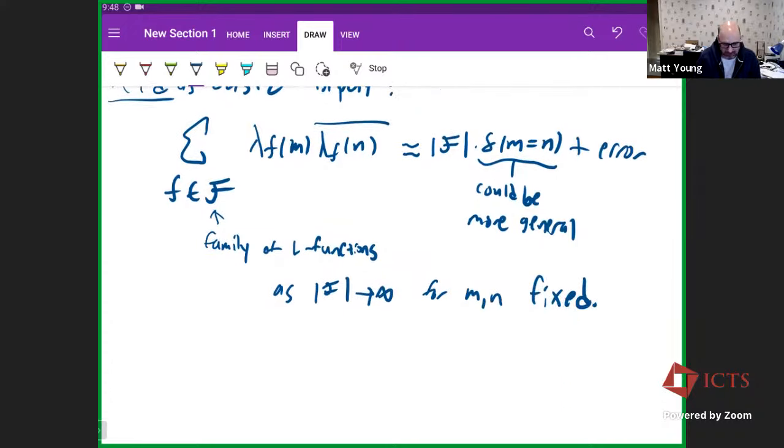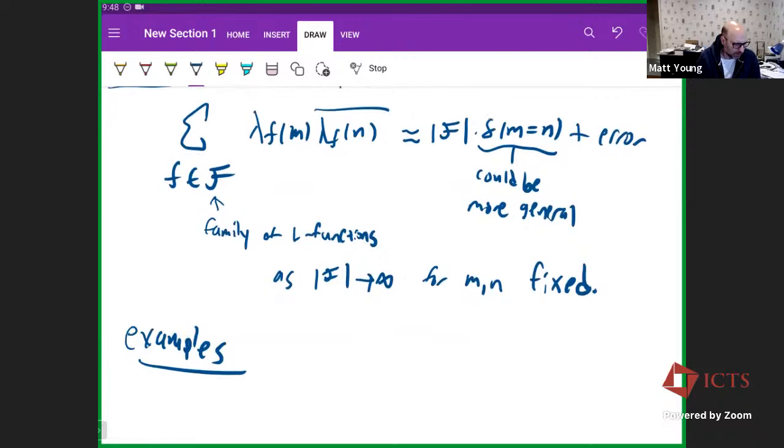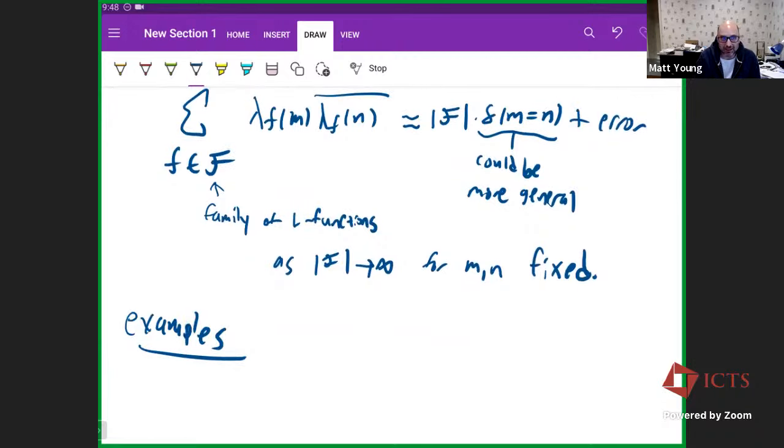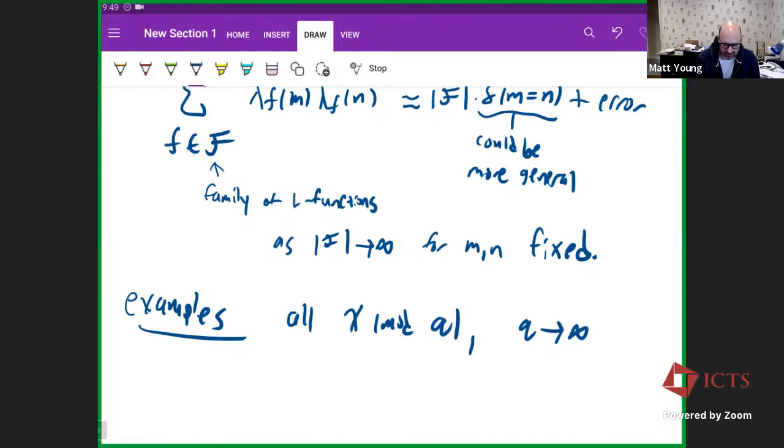So let's give some examples. The main example that we've worked with the past few days is if we have all Dirichlet characters mod q. And so that's our family, and then we're thinking of q as getting large. So something has to go off to infinity, and so the size of the family is the Euler phi function of q here, and q is going off to infinity, and that means the size of the family is going off to infinity.